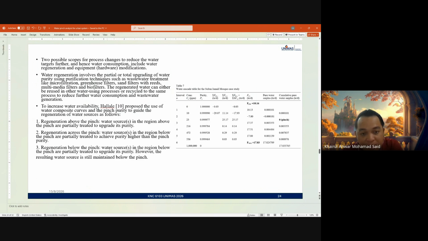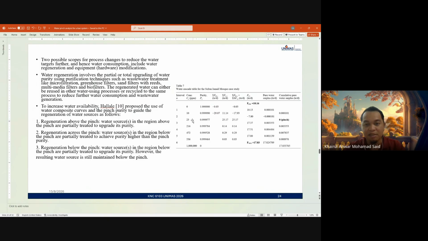Regeneration below the pinch. Water sources in the region below the pinch are partially treated to upgrade their purity. However, the resulting water source is still maintained below the pinch. So anything below the pinch, yes, we can treat it, but not up to the pinch value 23, only slightly.